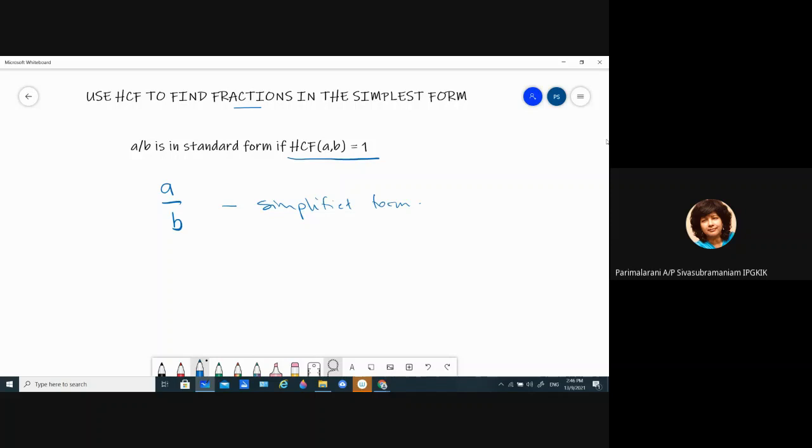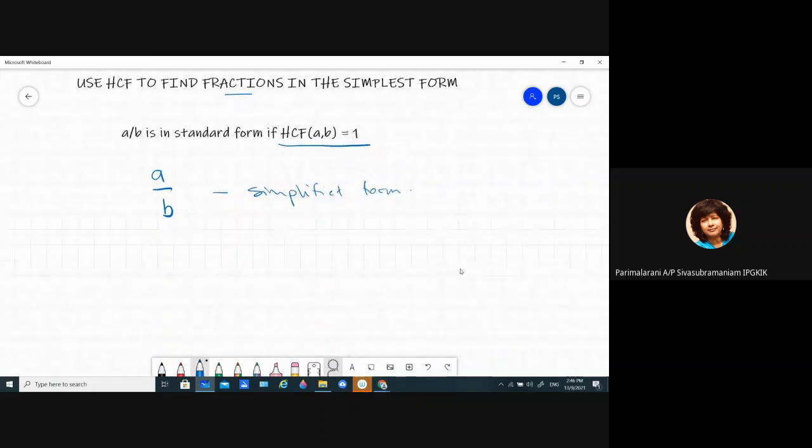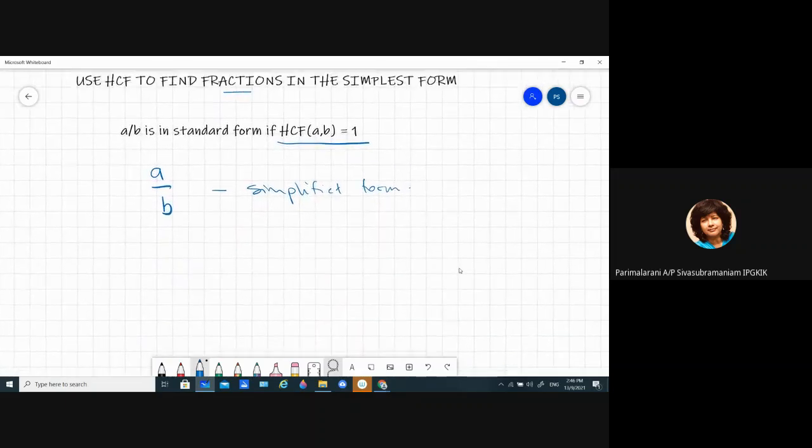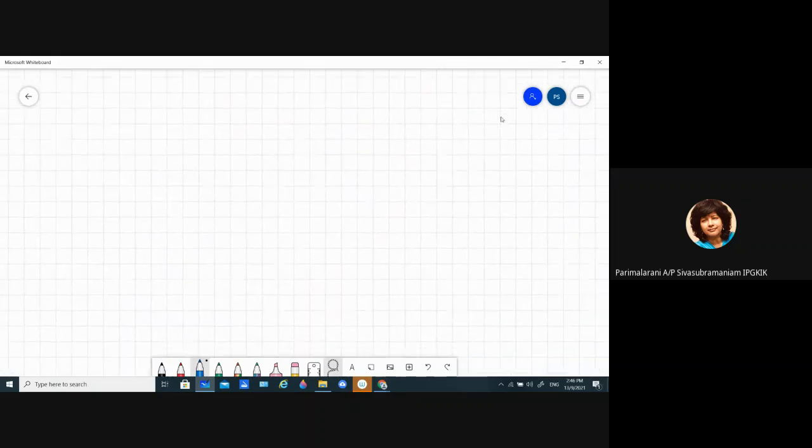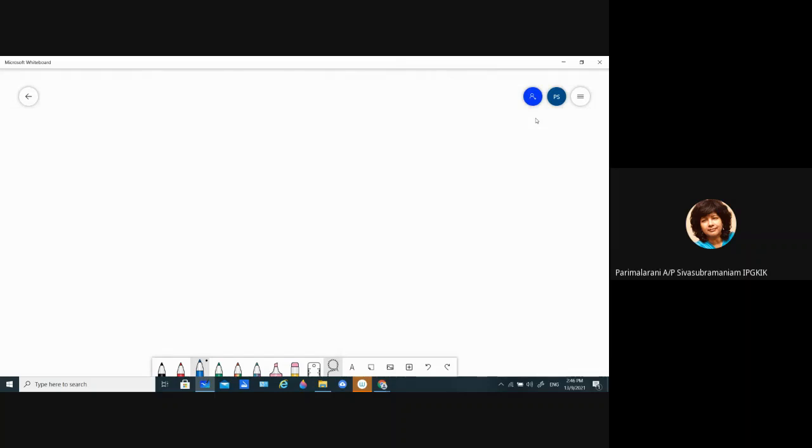How do we write a fraction in standard form? We use HCF to reduce the fractions to standard form. This is revision for you, so I'm going to do this very fast. Reduce 24 over 30 to the simplest form.